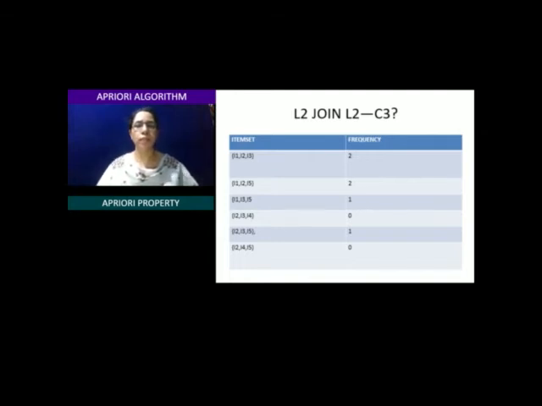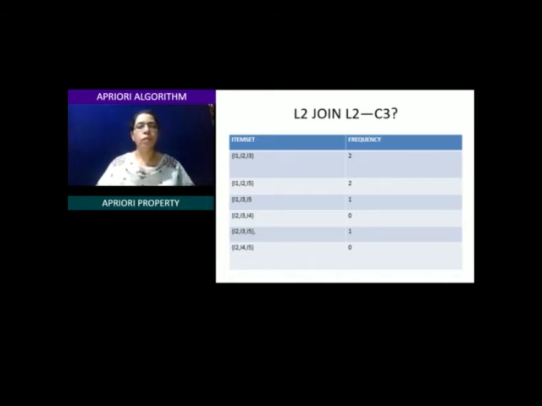There are 6 item sets, and now we are going to see how the a priori property can be applied to remove, or prune, some of the item sets from C3.